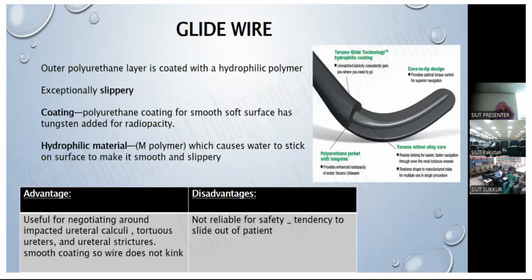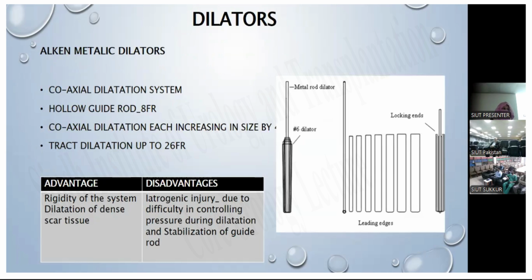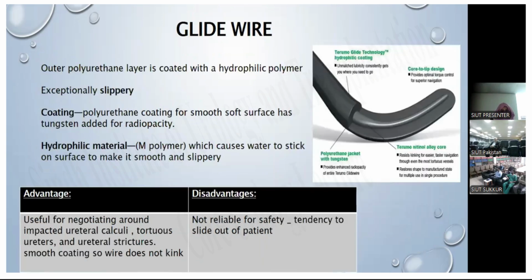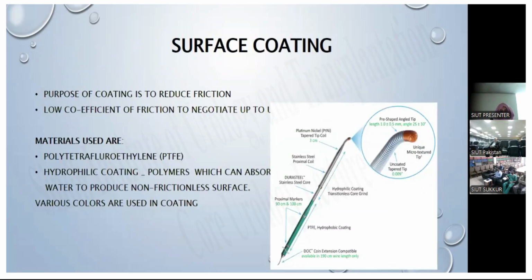Sir, we are knowing the importance of the J tip and also the straight tip and the surface coating. Please show the slide. Sir, what is the importance of the color of this wire?